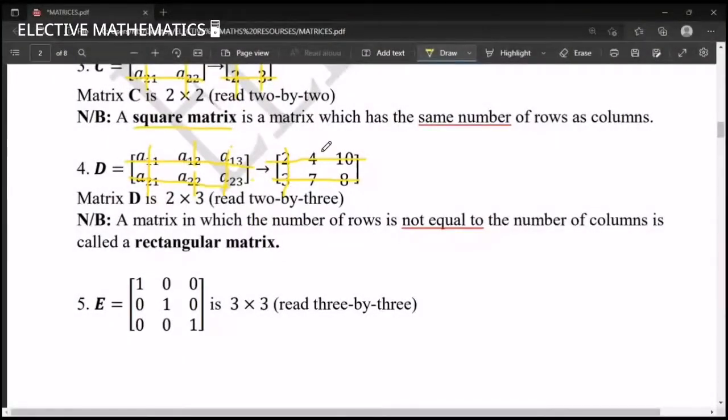So the order of this matrix is 2 by 3. Now, what type of matrix is this?